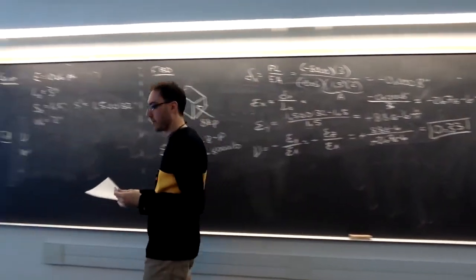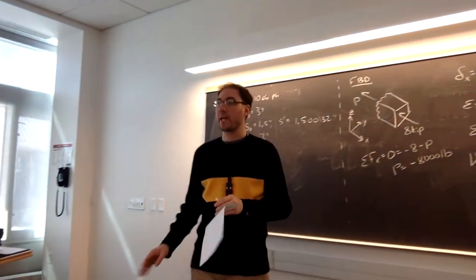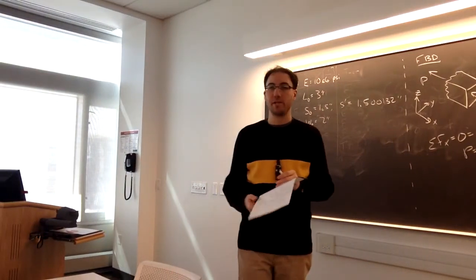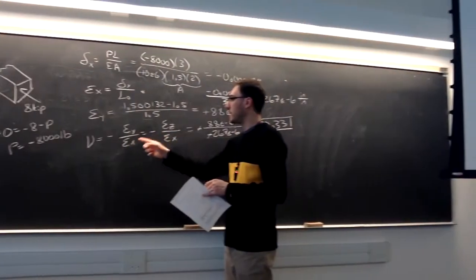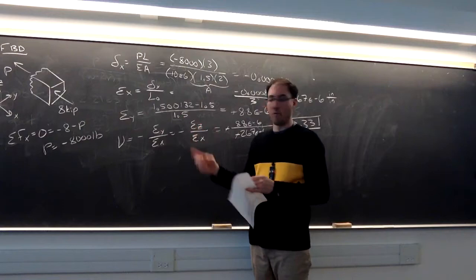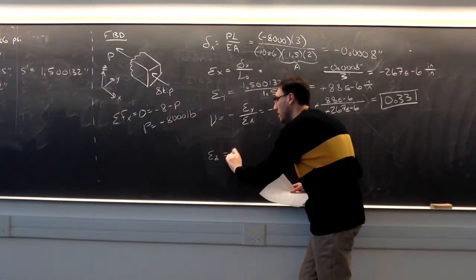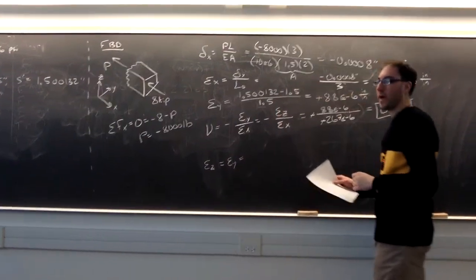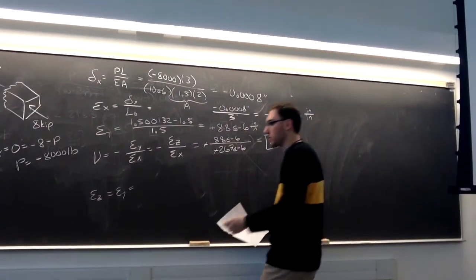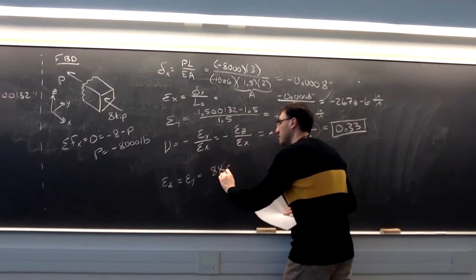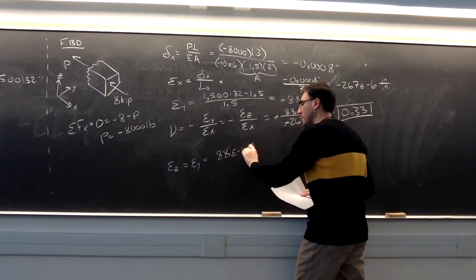Again, a pretty normal value for most engineering materials. Because these have the same denominator and they're equal, they have to have the same numerator. So we know the strain in the z direction must also be 88 times 10 to the negative 6 inches per inch.